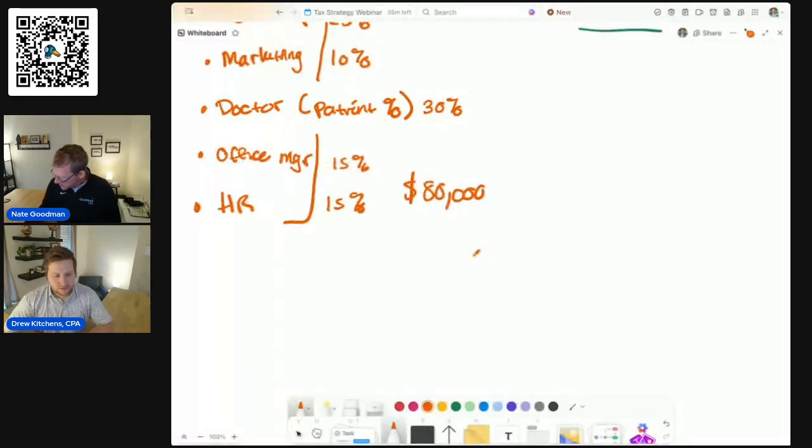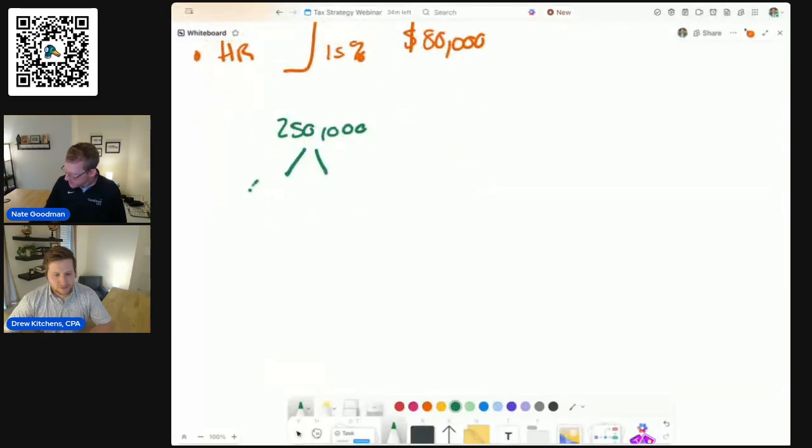So if we take under this scenario that you have $250,000, and we're going to break out that income between salary, so 80K, and then 170K of distributions. You're just going to take this out of the company.